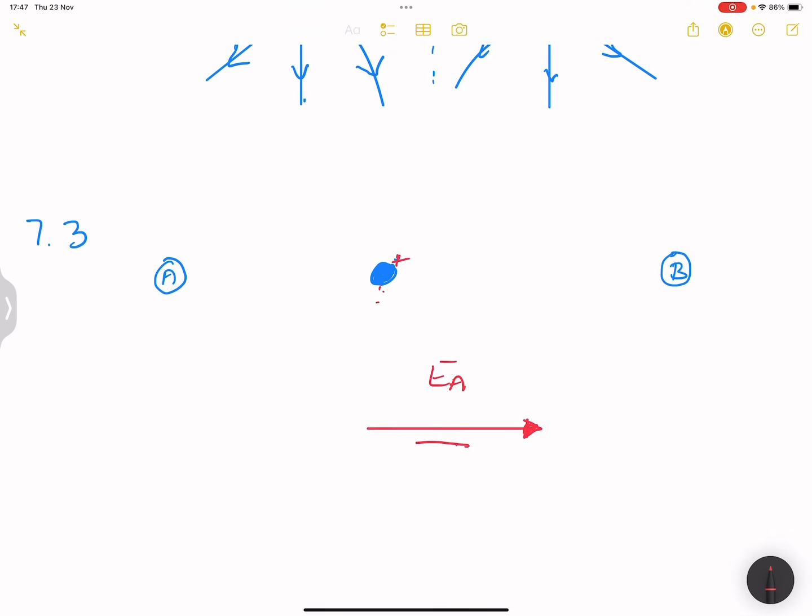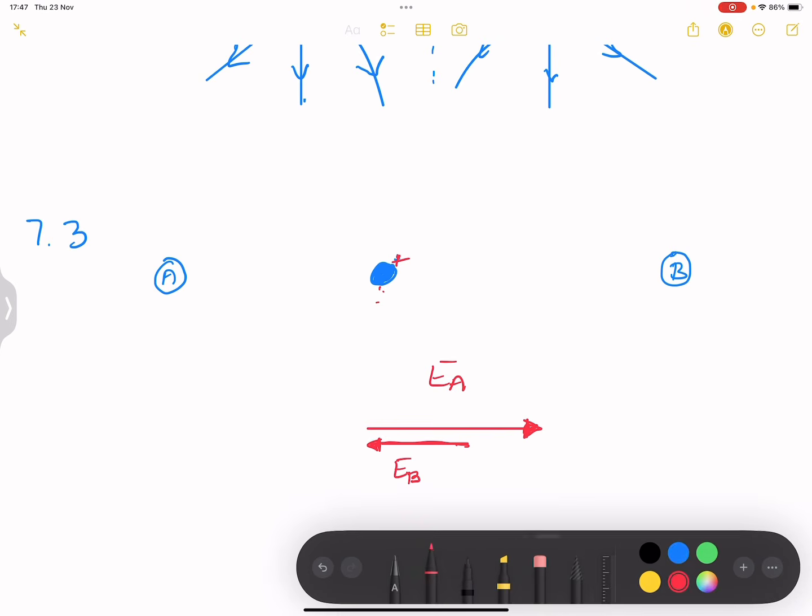So now the field due to B would be in that direction. Okay, this thing is refusing to make a straight line for us. So the field due to B would actually be smaller in this case. So what would be the net field?